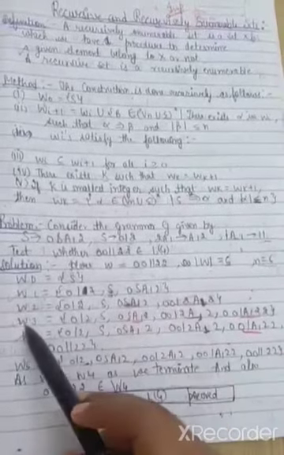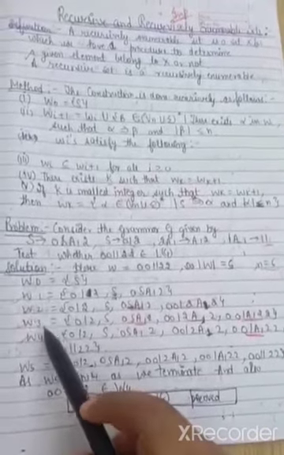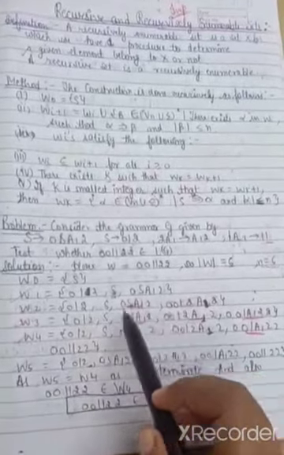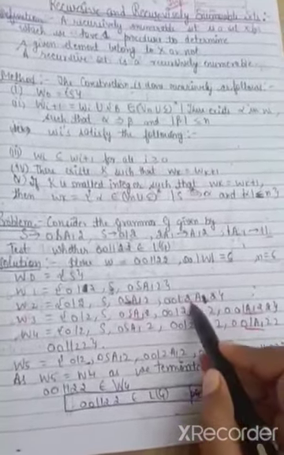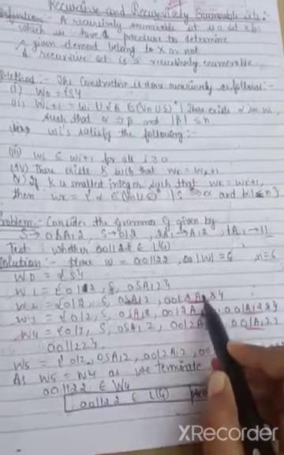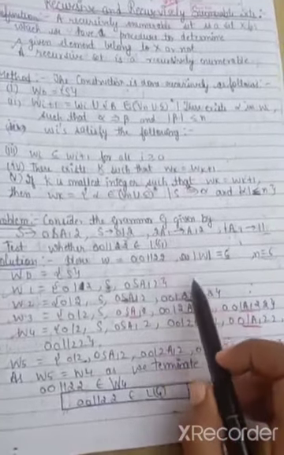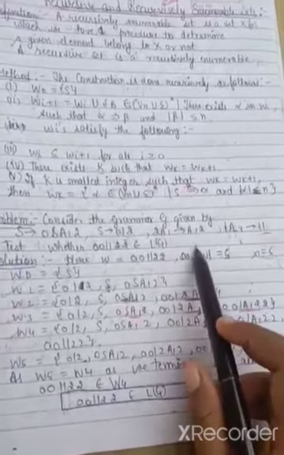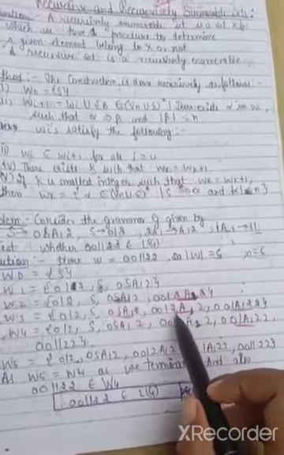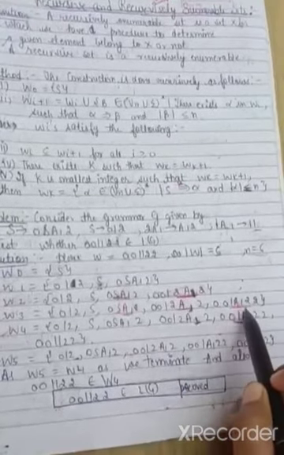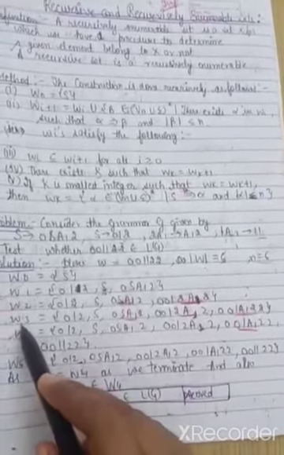After substituting this S and this S, we will get this new string. Now we will consider W3. This W3 contains all the strings present in W2, and if we see 2A1, we have a production for this 2A1. So we substitute the 2A1 with A12, and this is my W3.